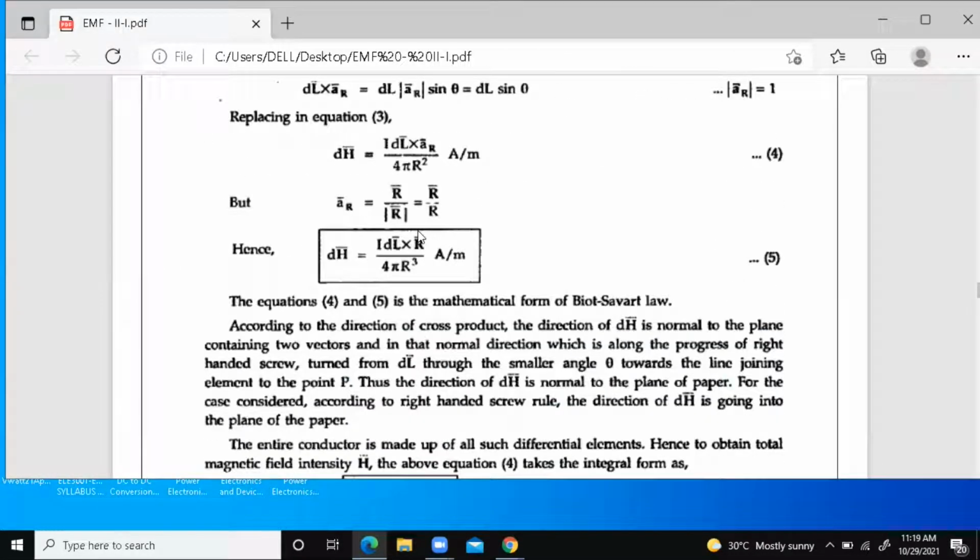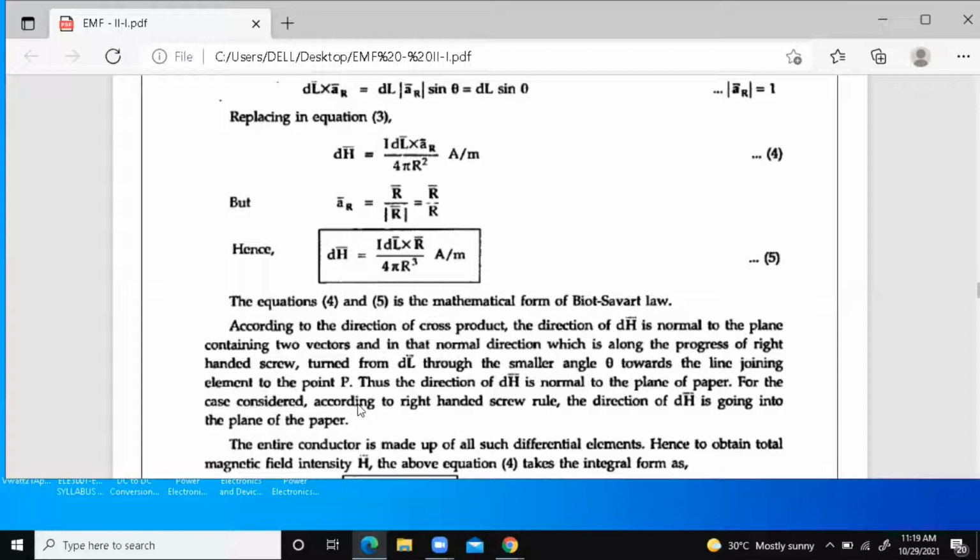The wire is made up of all such differential elements. So, in other words, we look at just a differential element, a little part of the wire, but the wire is made up of an infinite number of these small elements. So if we want to find H for the entire wire, what would we have to do?